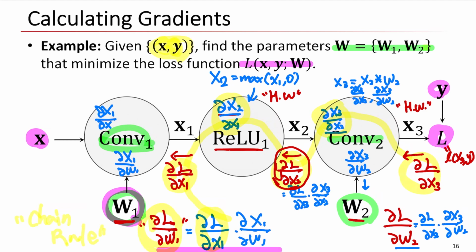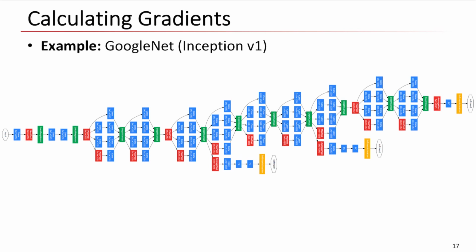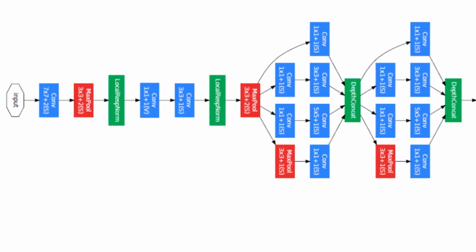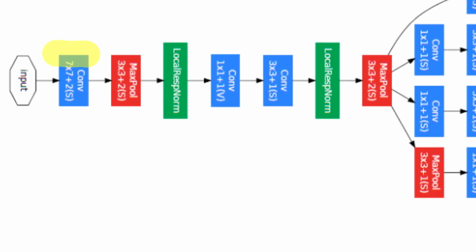Okay, so let's continue. If you think about a more complicated neural network, let's see the example of GoogleNet, also called Inception version 1. As you can see here, there is the input and there is the convolution layer, right? If you remember our previous slide, this is the 7x7 filter with stride 2, right?